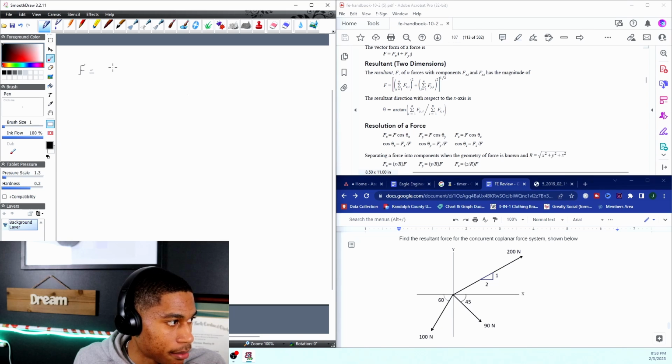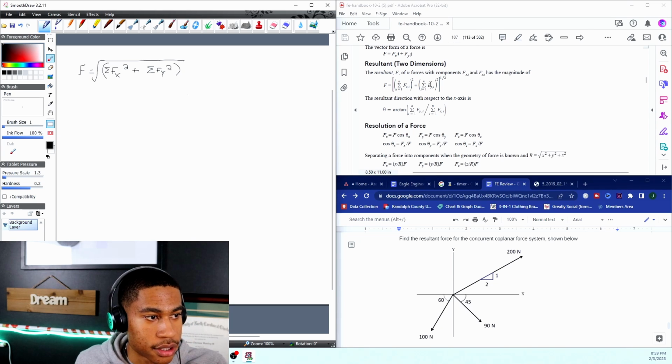My resultant force is going to be the sum of the forces in the x direction squared, plus the sum of the forces in the y squared, and all of that is under the square root.